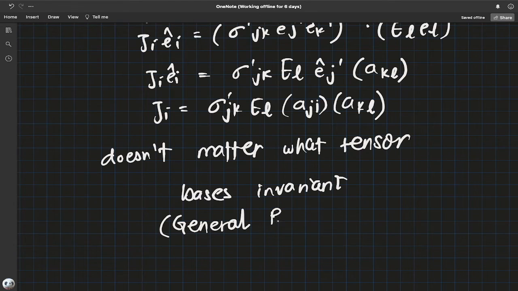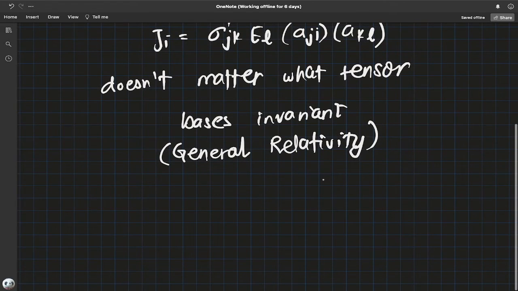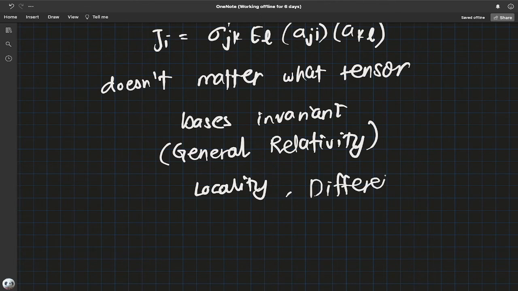And that's exactly the language that general relativity is written in, because one frame of reference, one coordinate system is not enough. Space-time is changing, so you treat it as a manifold. You look at the locality of things, and that's what you call differential geometry.